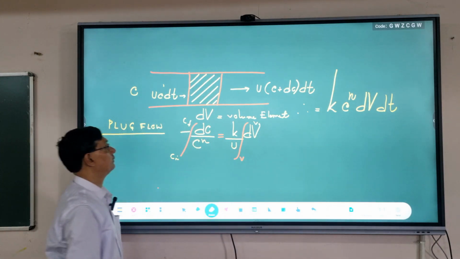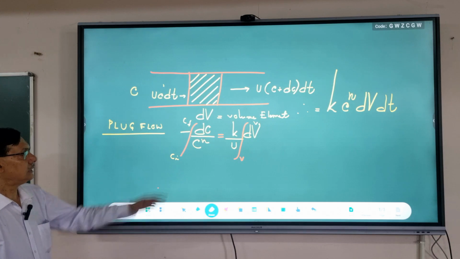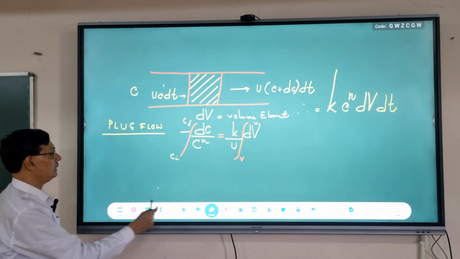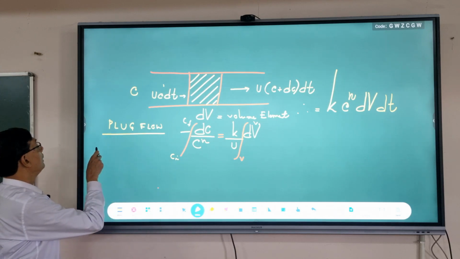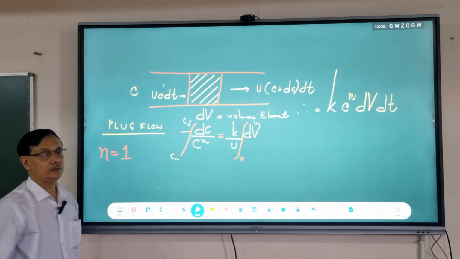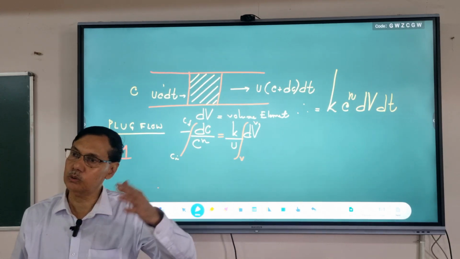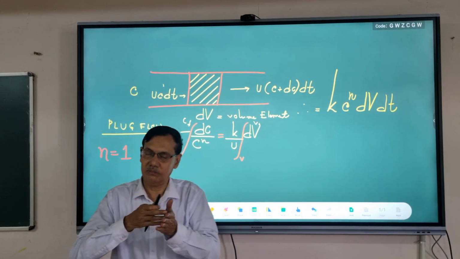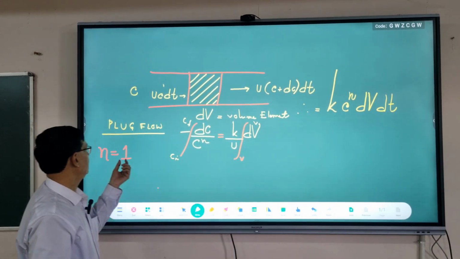Now there are two conditions. It is just like dx by x, log x. First condition is that n is equal to 1, first order. And second condition, n is not equal to unity, because it is not necessary that your reaction is always first order, it may be other.